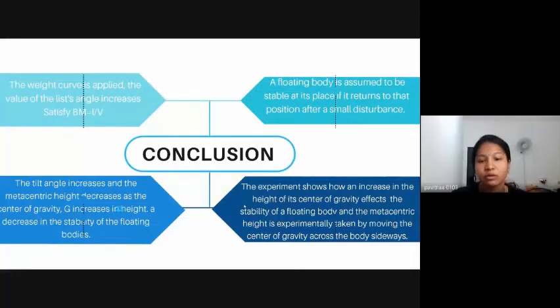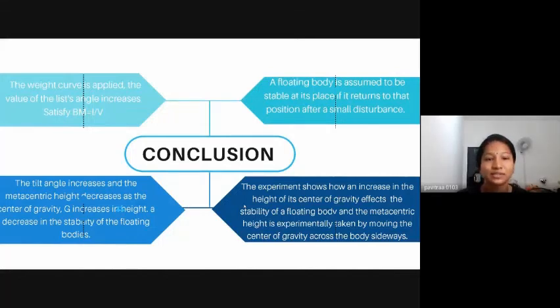For the last part of the slide, I would like to present the conclusion. The state of equilibrium of a solid body, partially or fully immersed in a liquid or gas, is called floating. A body is assumed to be stable at its place if it returns to its position after a small disturbance.